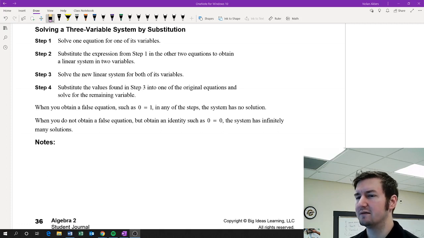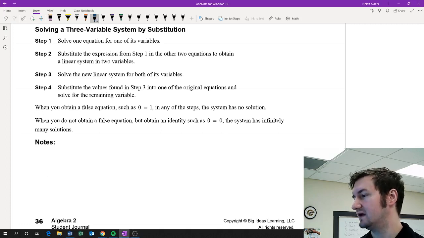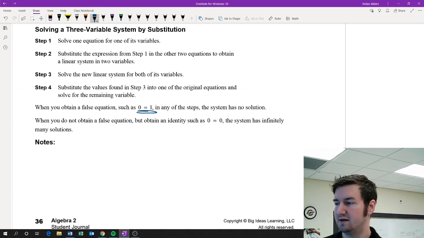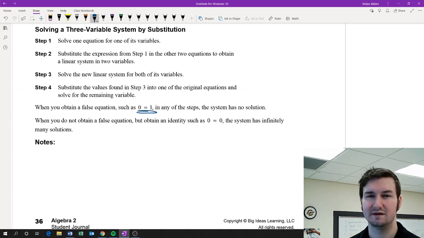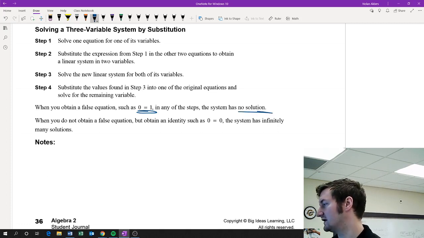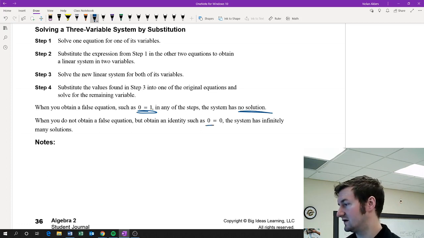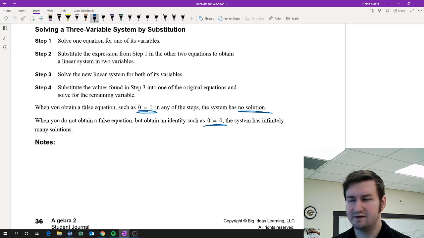We'll look at this here in a second, but one thing to realize is we do have some special cases. Anytime we get an equation that's not true in any of these steps, like 0 equals 1, we would say that the system has no solution. And if we got an identity, which would be kind of unhelpful, like 0 equals 0, well, we want to know what x, y, and z are.